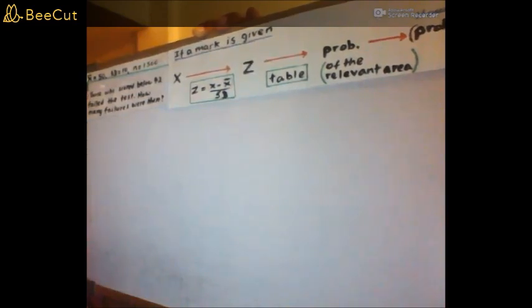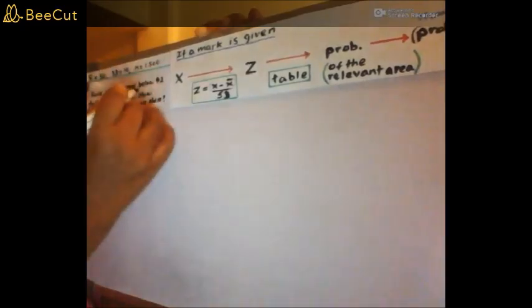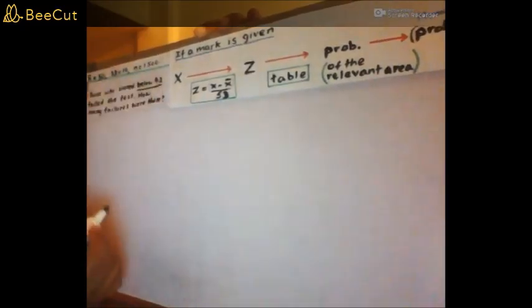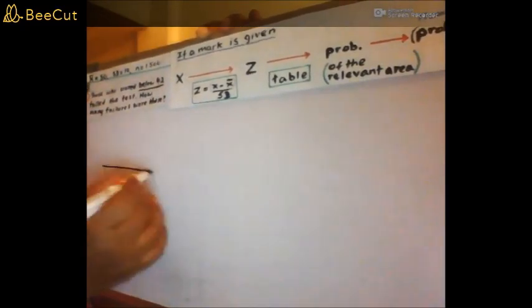Question number 3. Those who scored below 42 failed the exam test. How many failures were there? What is given? The mark. Those who scored below 42. Underline. Then draw the curve.